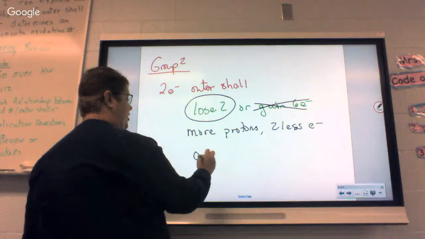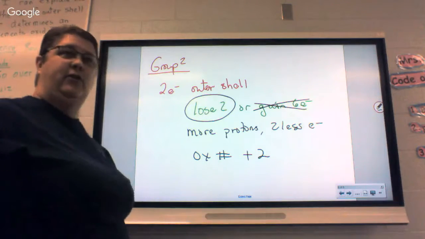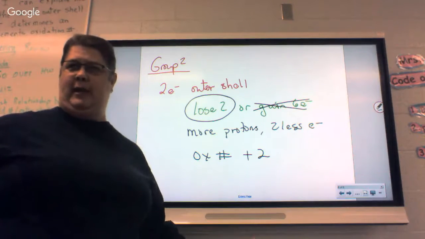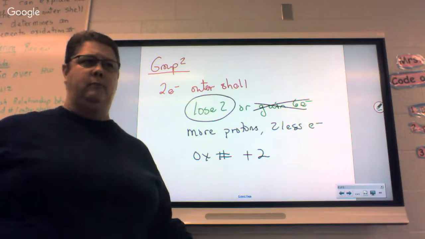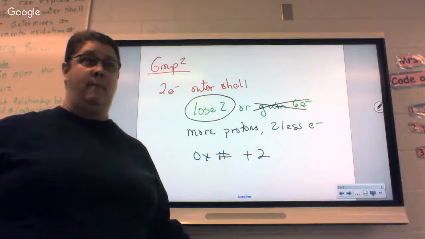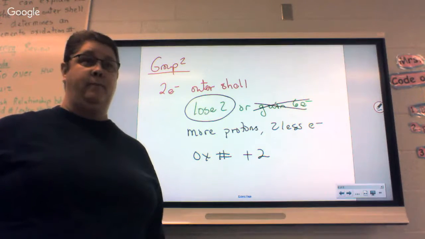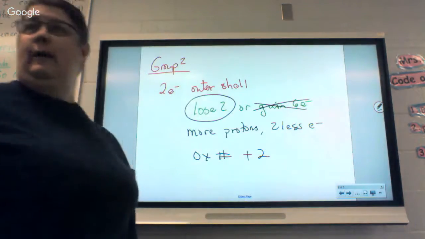So we're going to have an oxidation number of +2. That's what we did yesterday. Is everybody with me on what we talked about yesterday? Hopefully so, that you would identify the charges that went with everything.